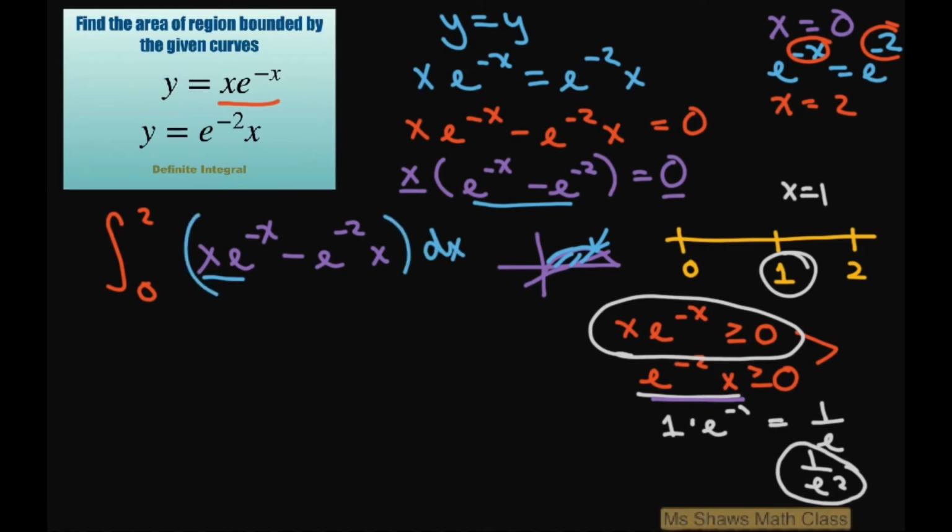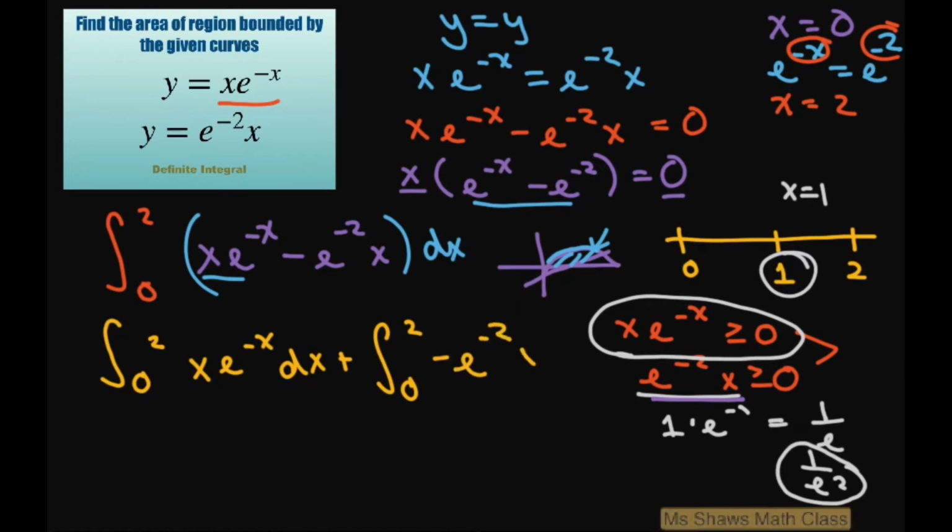Now let's split this up a little bit. Let's write this as the integral from 0 to 2 of x e to the power of negative x dx plus the integral from 0 to 2 of negative e to the power of negative 2x. I want to deal with the second part a little later.